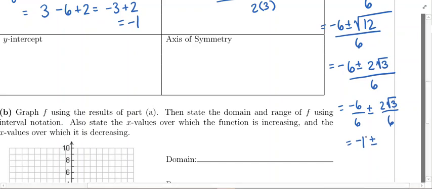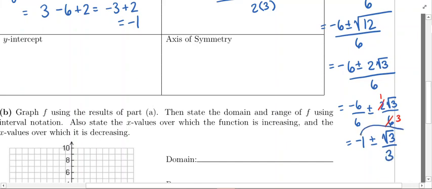You cannot multiply the 2 through. You cannot divide into it. It just stays the square root of 3. But you can reduce the 2/6. 2 goes into 2 one time. 2 goes into 6 3 times. So this becomes the square root of 3 over 3.